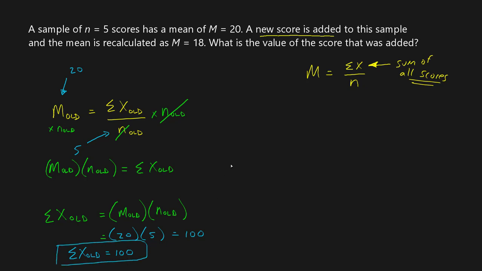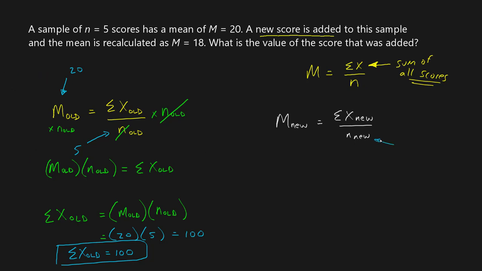Well, let's have a look at what the new mean will be equal to. The new mean is going to be equal to the new total over the new sample size. But we know what the new sample size is. We just added a single value.